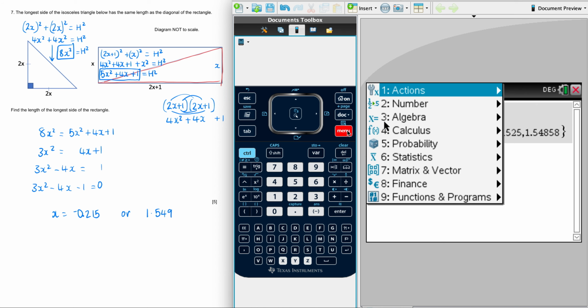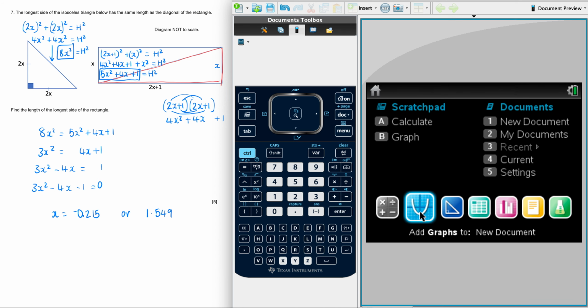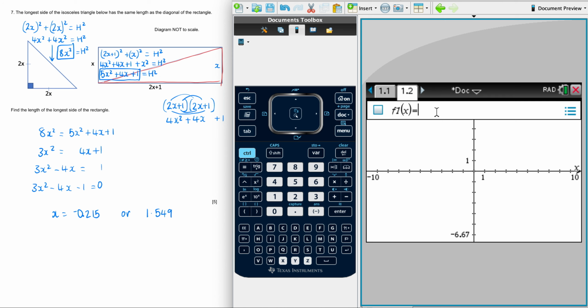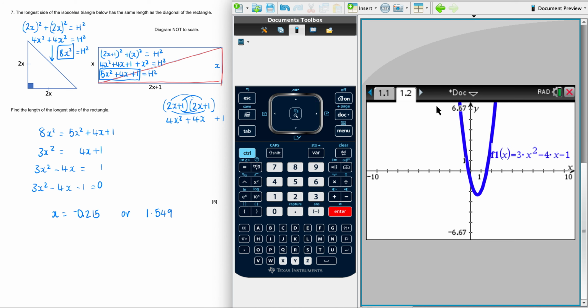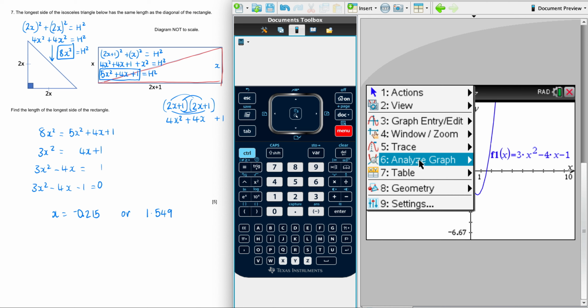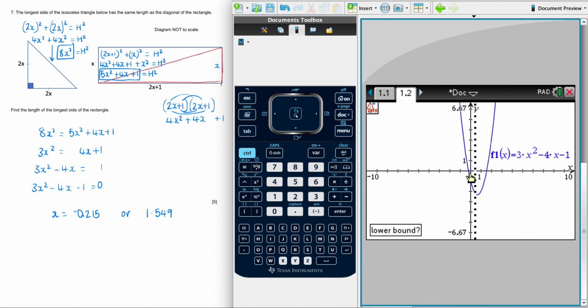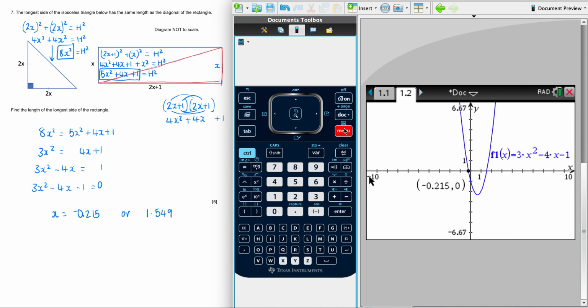And again, you could do it a different way. If you prefer, you could graph this. So you've got 3x squared minus 4x minus 1, and once you've graphed it, you could use your analyze graph tool and find the zeros. Again, you'll get those same two solutions.